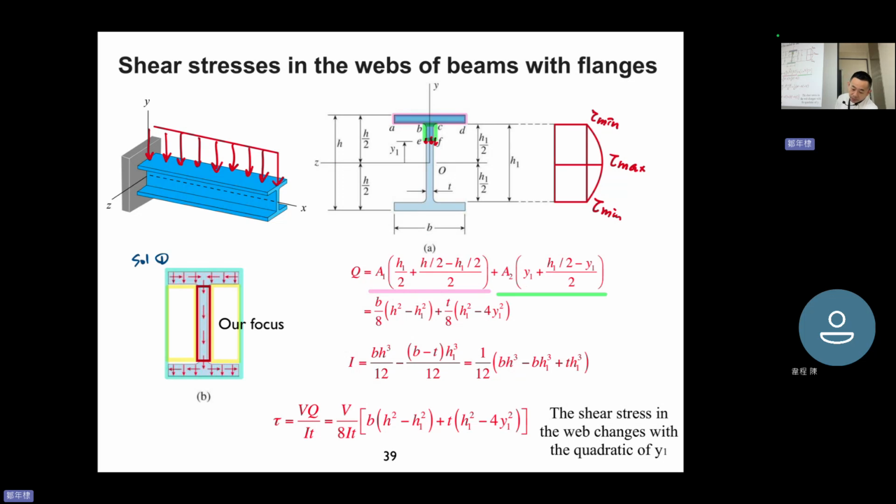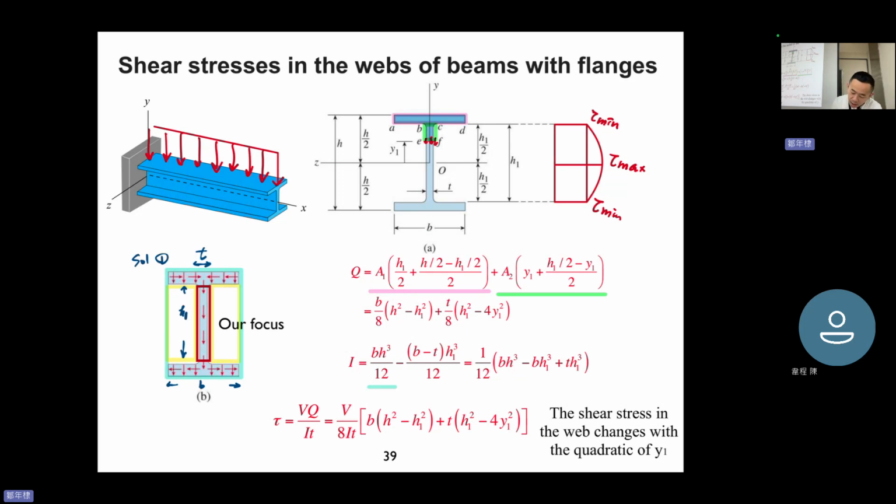So you see the height, this is B, and this is H1, H1. And this is T, the thickness. So you see this blue here, B times H1 cubed divided by 12, no problem, easy, right?